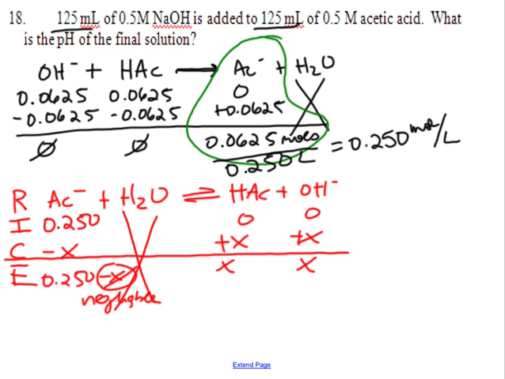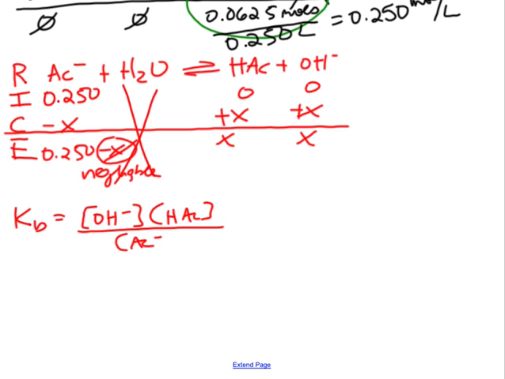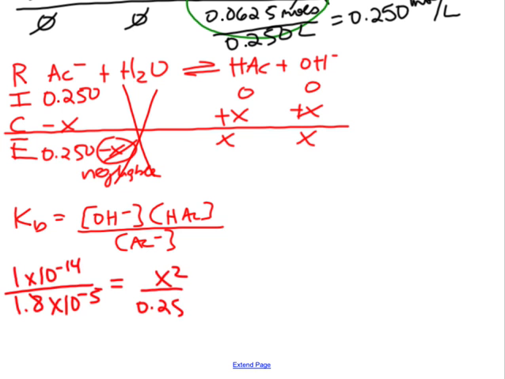I want you to notice, though, in our little red equation here, Kb is equal to OH minus times HAc all over Ac minus. So we're going to have to do our conversion, right? 1 times 10 to the negative 14th divided by the Ka, same as the last problem, 1.8 times 10 to the negative 5th, is equal to x squared over 0.250.